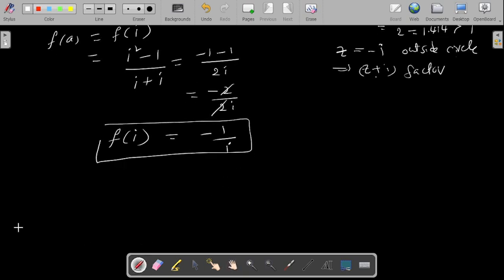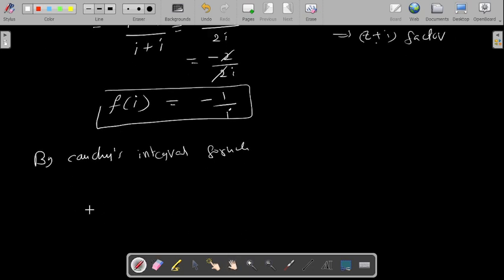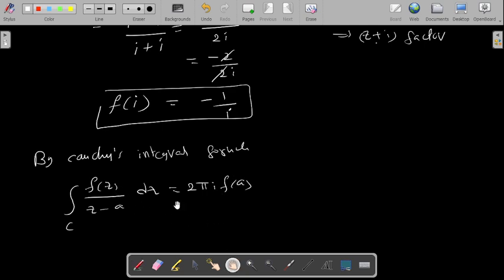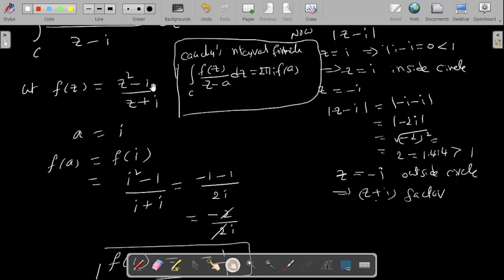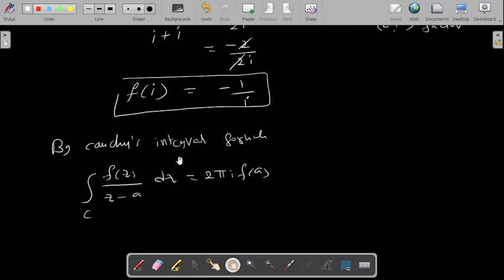By Cauchy's integral formula, integral C of f of z by (z minus a) dz equal to 2 pi i times f of a. What is f of z? z square minus 1 by z plus i.